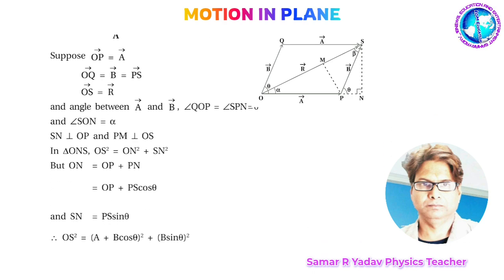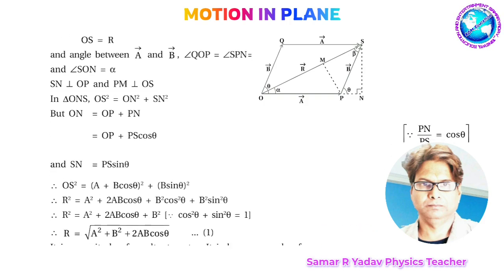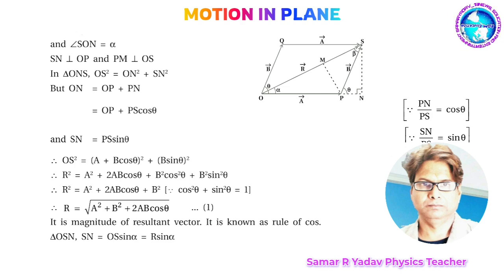In the triangle, OS square is equal to ON square plus SN square, but ON is equal to OP plus PN, which is equal to OP plus PS cos theta, and SN is equal to PS sin theta.